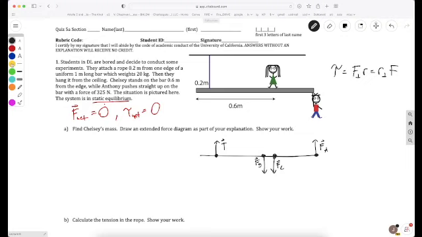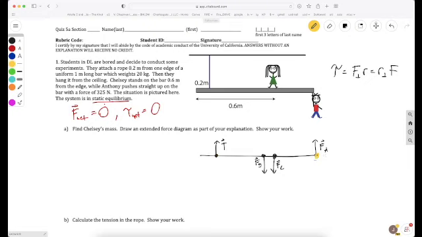If I pick my pivot point to be this far left end of the bar, my torques calculated for all these forces based on this pivot point better be 0, because the bar is not rotating with respect to this point. Let's say I pick my pivot point to be where the tension is. It still better be 0, because the bar is also not rotating around there. Same thing if I picked it here.